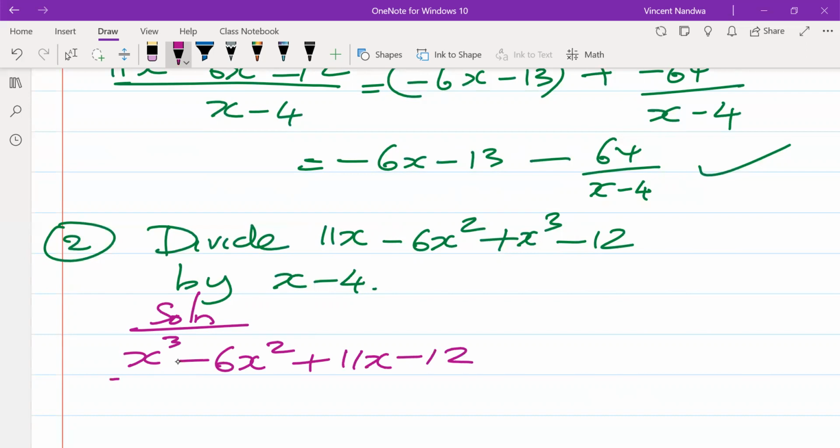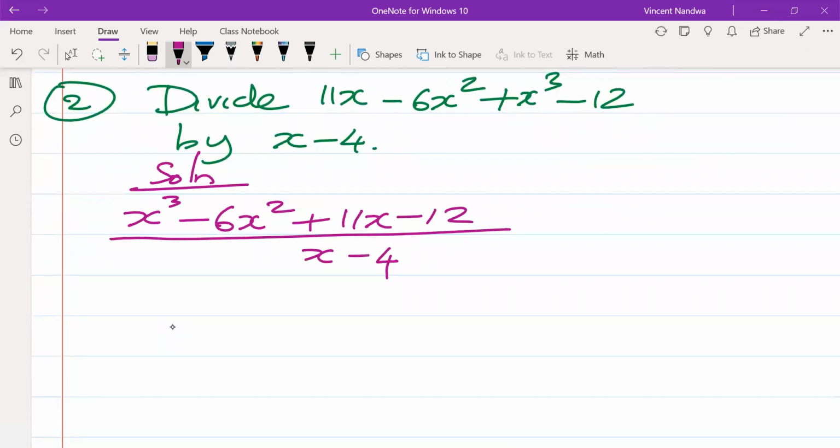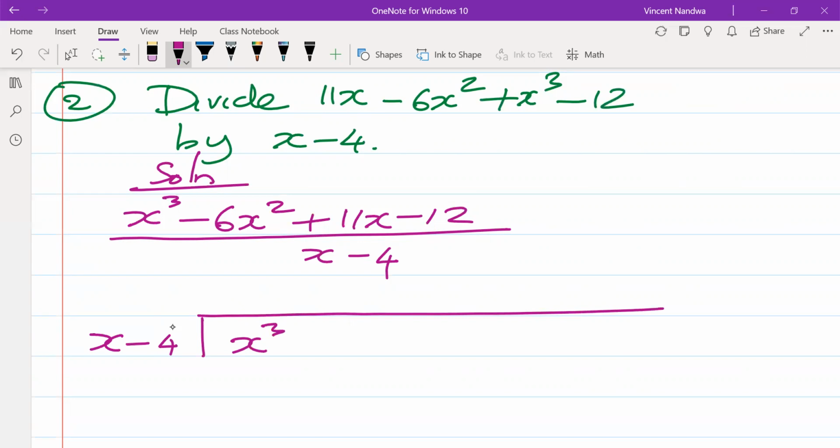So that is the first step, rearrange it, and then over x minus 4. So you write x minus 4 outside, and then you have x cubed minus 6x squared plus 11x minus 12.